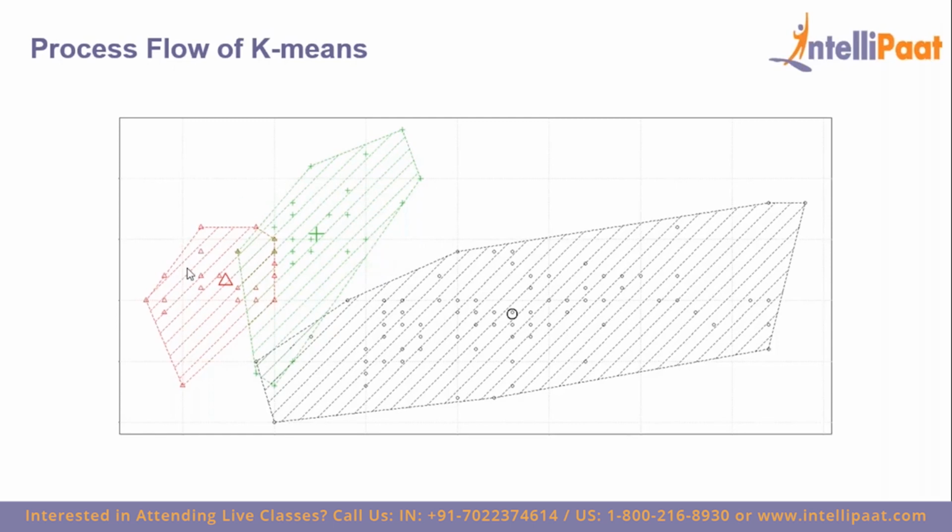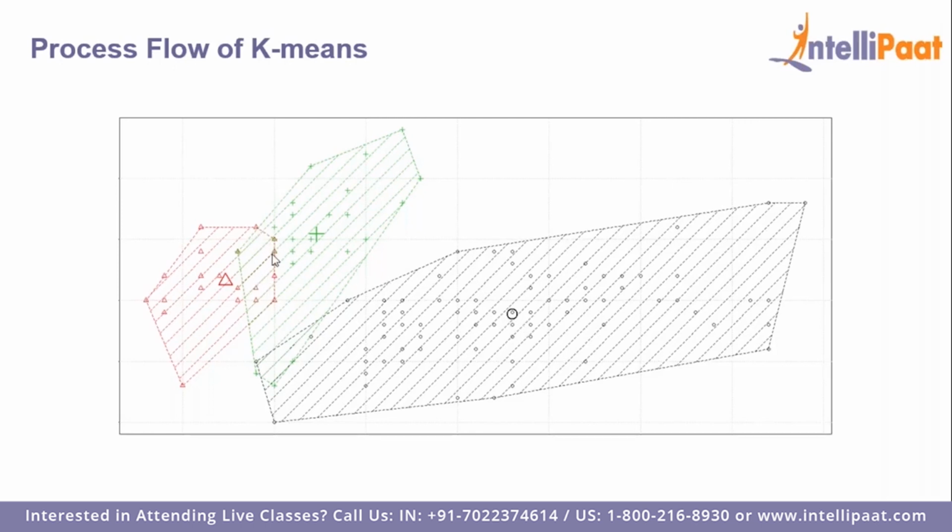Now, in the next step, the k-means algorithm will look at all of the data points, and it will calculate the distance of these data points from the center points. So let's see, this is my data value over here, and I will calculate the distance of this data point from this center value, this data point from this center value, and this data point from this center value.